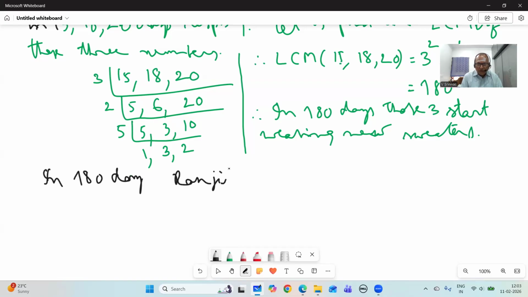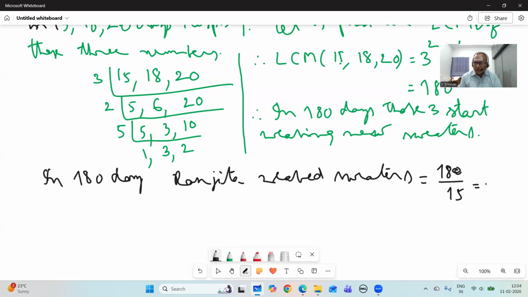Ranjita weaved sweaters equal to 180 divided by the days Ranjita takes to weave a sweater, that is 15. Okay, so this is 12.